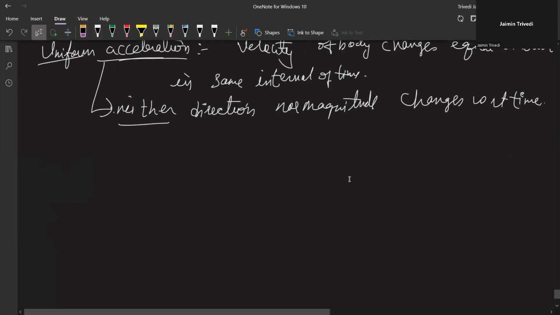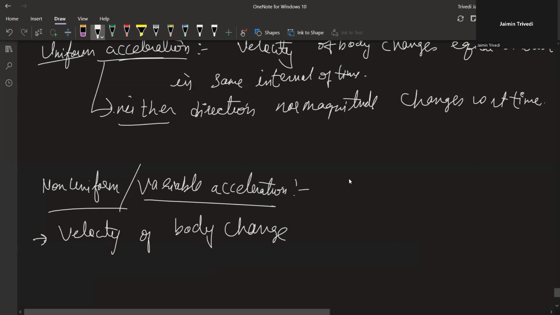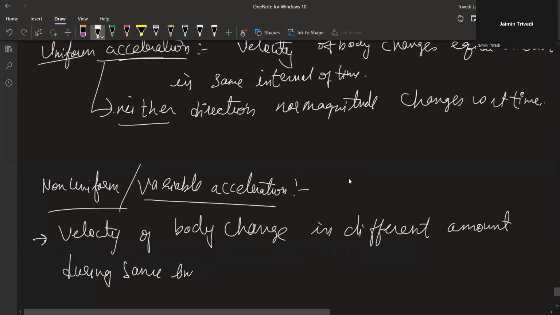Now, if I say non-uniform or variable, in this one, totally opposite of the previous one, the velocity of a body changes by different amounts during the same time interval.